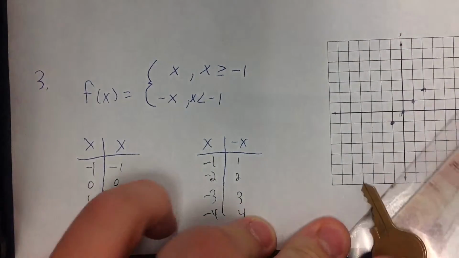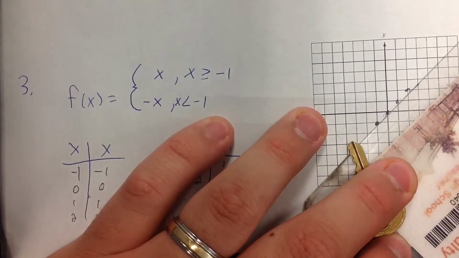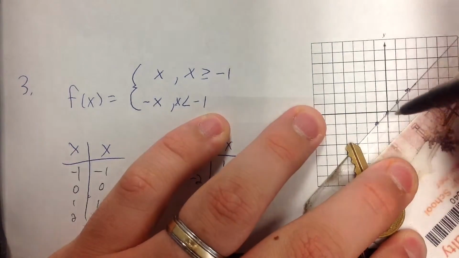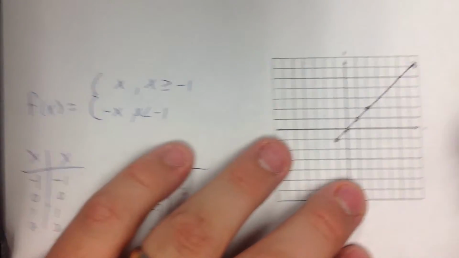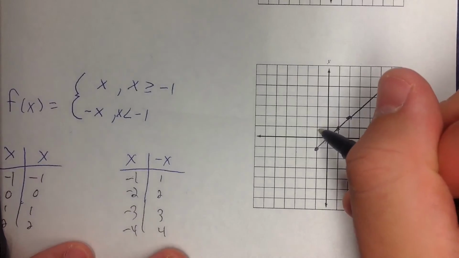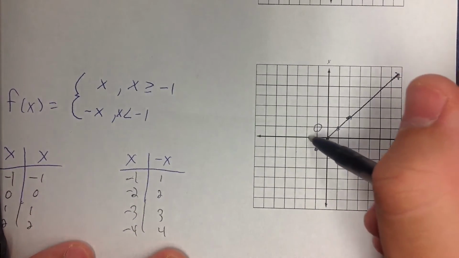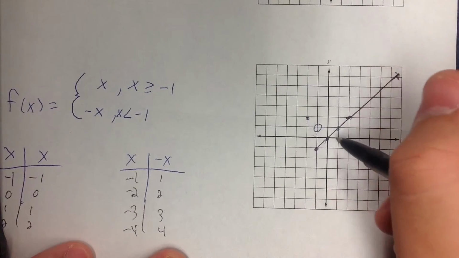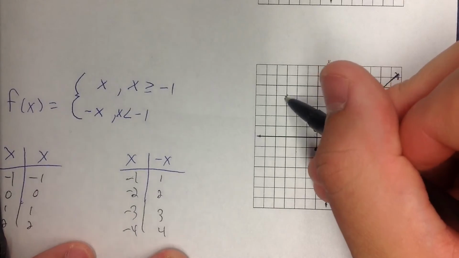So that's going to go like that. In my second table I've got negative 1, 1, but it's going to be an open circle. And then negative 2, 2, negative 3, 3, and negative 4, 4.